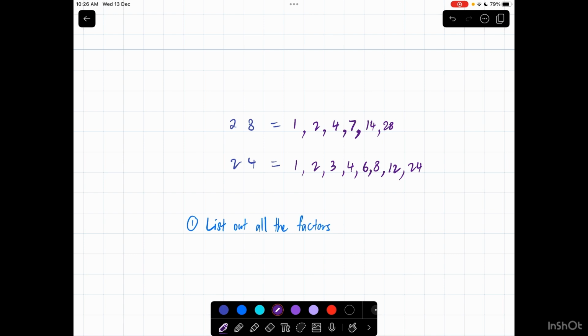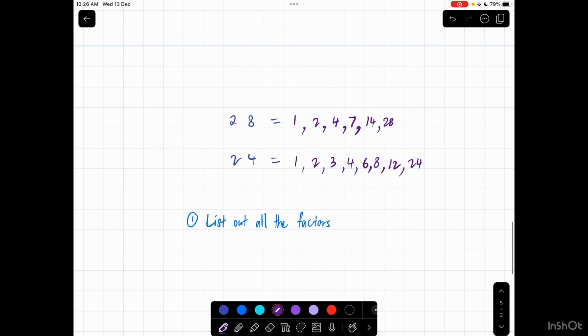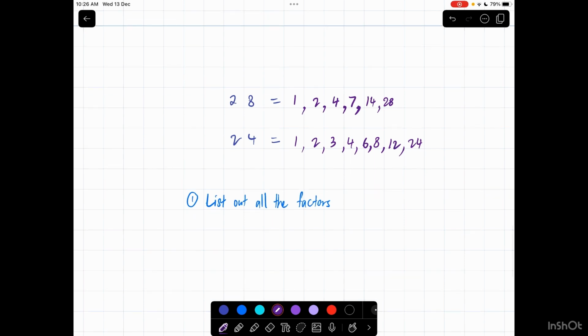So 1, 2, 3, 4, 6, 8, 12, 24. So the first step is done: list out all the factors. Also, just a reminder, to verify, always go back to the rainbow method to make sure all the factors are here. Now that the first step is over, the second step is to list out all the common factors.